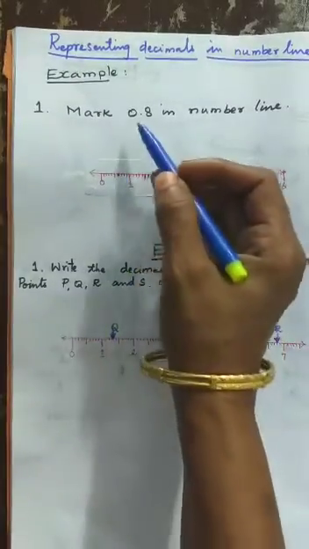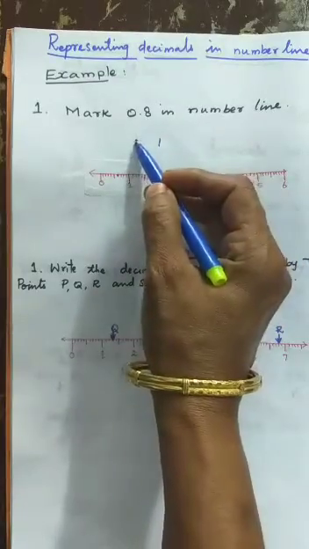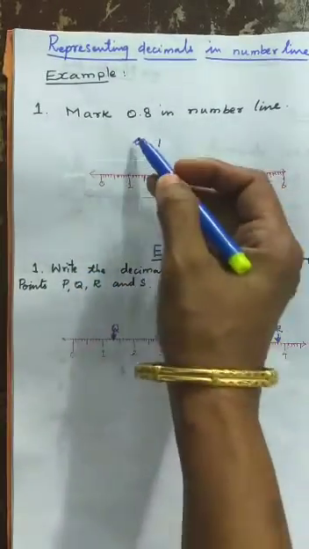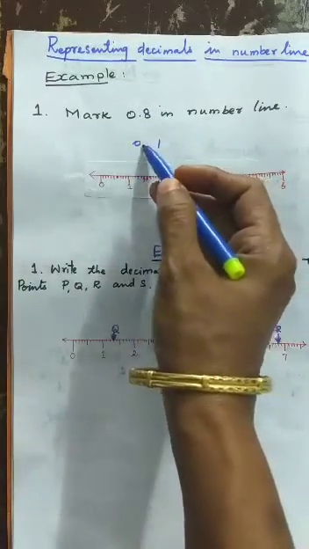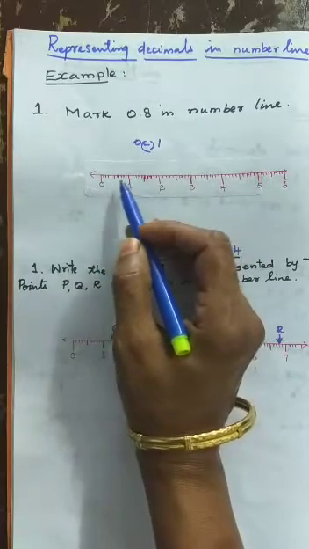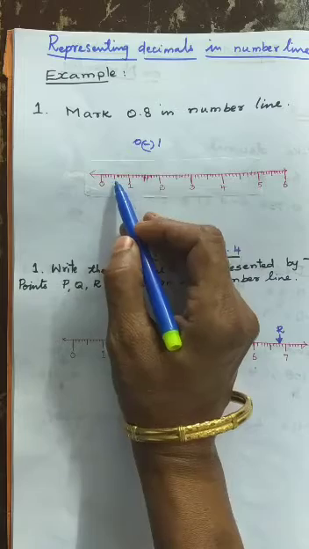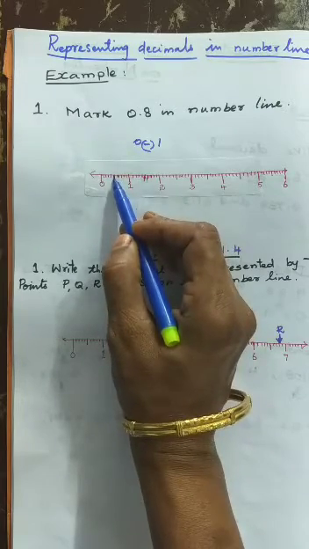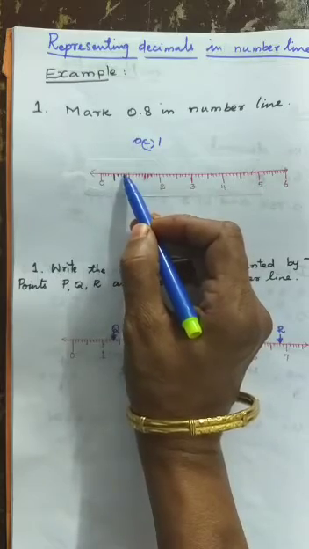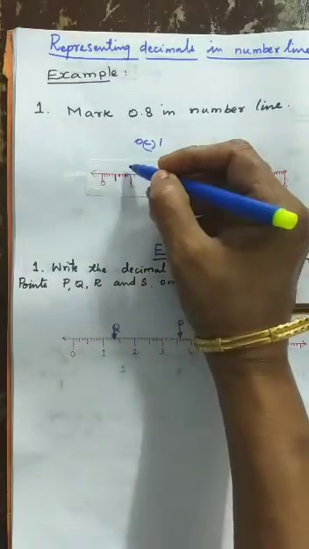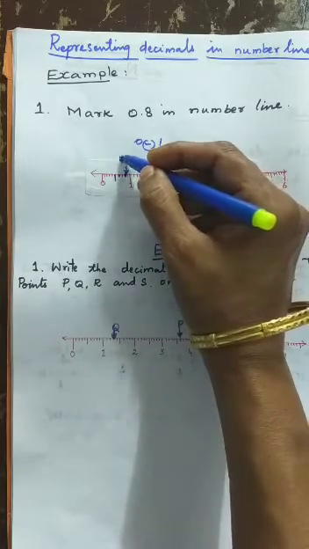Now 0.8 comes between 0 and 1. We shall see this: 0.1, 0.2, 0.3, 0.4, 0.5. 0.5 is a dark line. Then 6, 7, 8. Here we have 0.8.